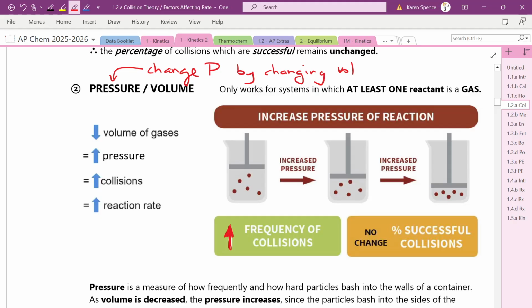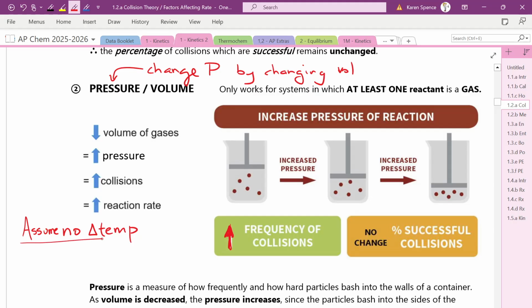Have we changed the temperature? No change in temperature. Now, technically, if you change the volume of a gas, you will probably also have a temperature change, but we're just going to assume that we're only changing that one variable. Because if we start having temperature and volume and pressure, like I said, it gets too complicated. So we assume there is no change in temperature.